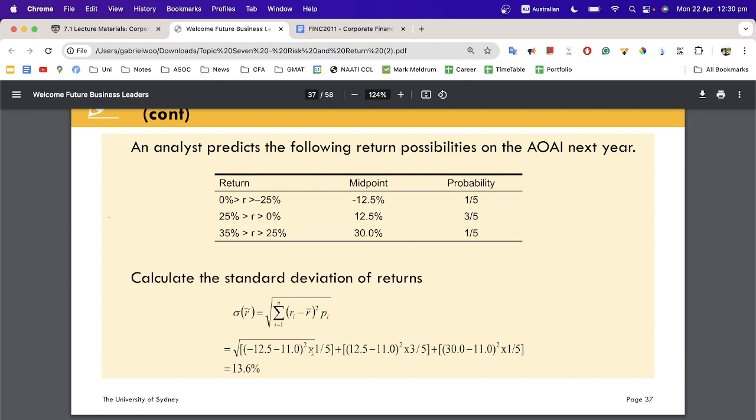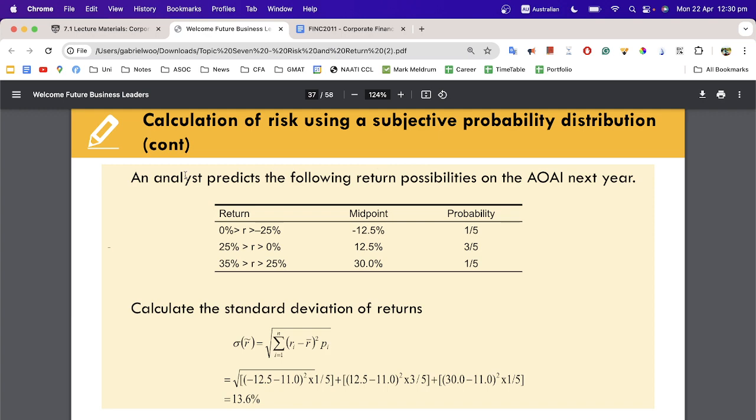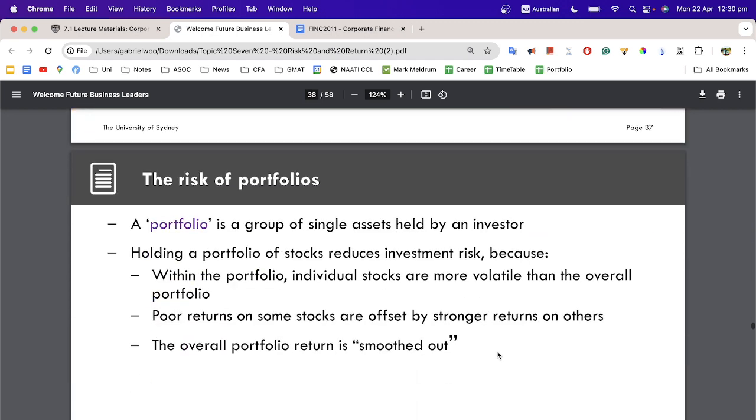And then, once again, using the 11% as the mean, we subtract each observation with the mean, multiply by its subjective probability weight, add them up, and we take the square root, and there we go, we get 13.6%. So this is a subjective probability distribution for coming up with the standard deviation of return, which is a proxy for risk.